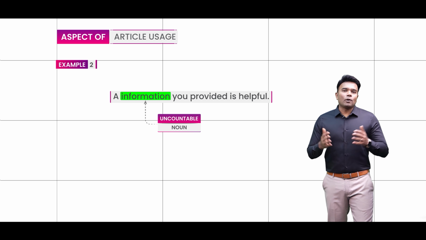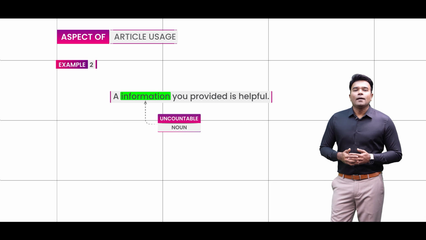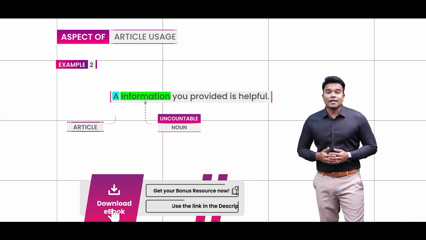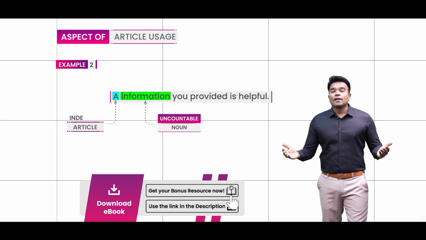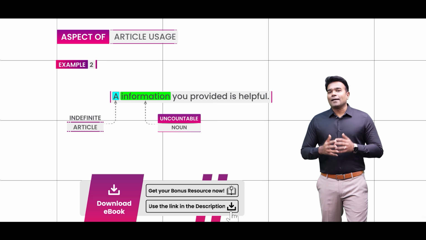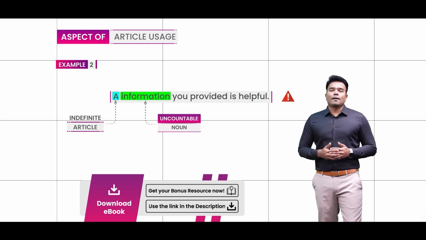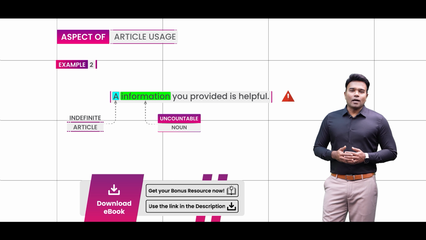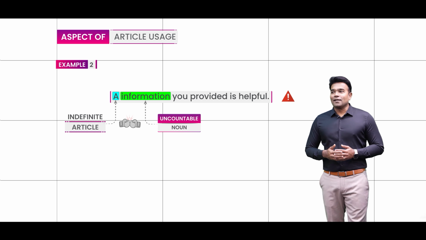But what I want you to notice is the article just before it. It is associated with the article a, which happens to be an indefinite article, and due to this the sentence itself is an invalid sentence. What I mean to say is that the uncountable nouns cannot be associated with the indefinite articles.